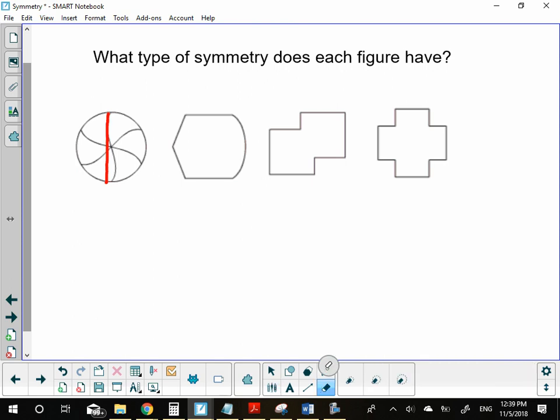Twice. Any other kinds of line symmetry you can think of? No, probably not. Okay, how about rotational symmetry? Yes. What kind of rotational symmetry do we have? 180. I agree that I can turn it all the way around to get the same figure. Any others?